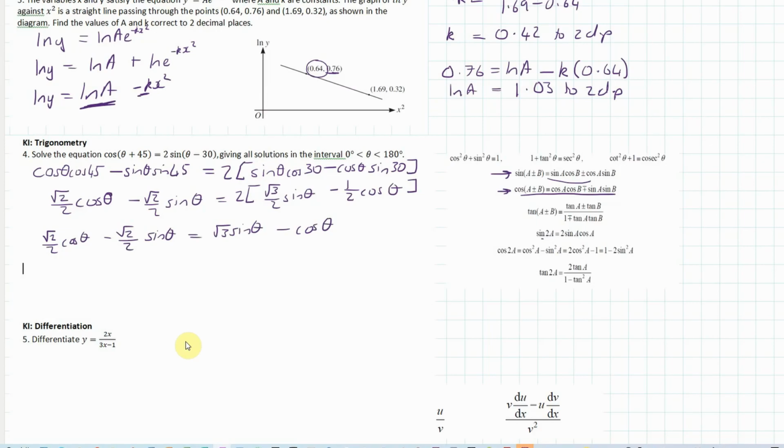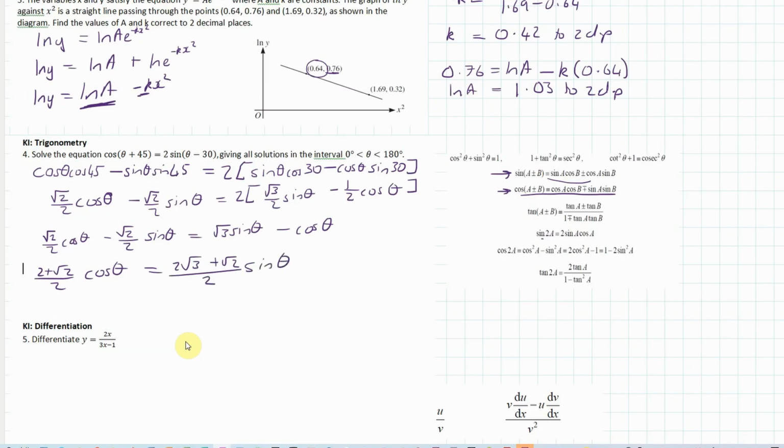So if I add the cosine to the left hand side, I'll get 1 plus square root 2 over 2, and that gives me this: 2 plus square root 2 over 2 cosine theta equals, and then if I add the square root 2 over 2 sine theta to the other side, I'll have square root 3 plus square root 2 over 2, and I'll end up getting 2 square root 3 plus square root 2 over 2 sine theta.